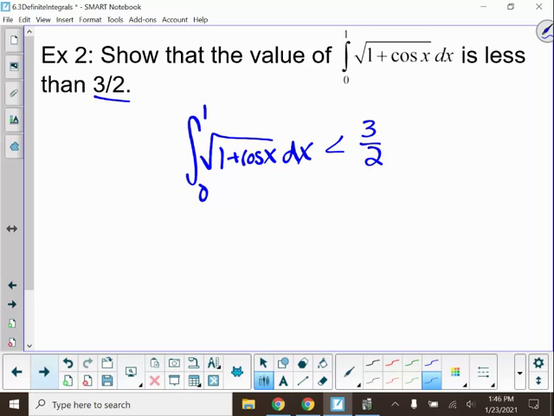In order to do that, we are going to use that max-min property, because of the greatest possible value that I can have on this integral. Cosine is at its greatest from 0 to 1 at 0.